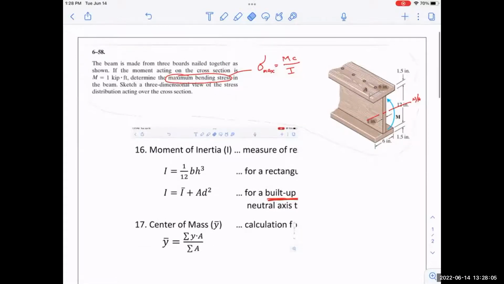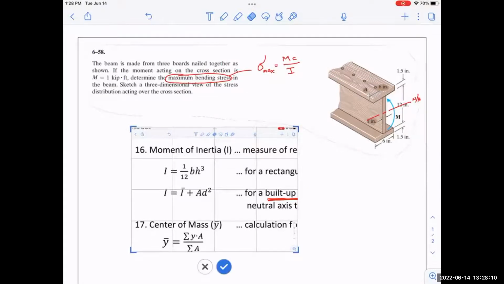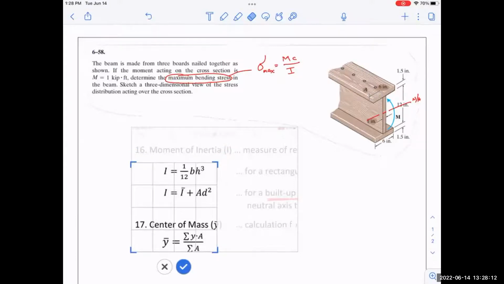Oops, I don't want to copy that. I want to crop it. So let's just take this down a little bit. Moment of inertia.